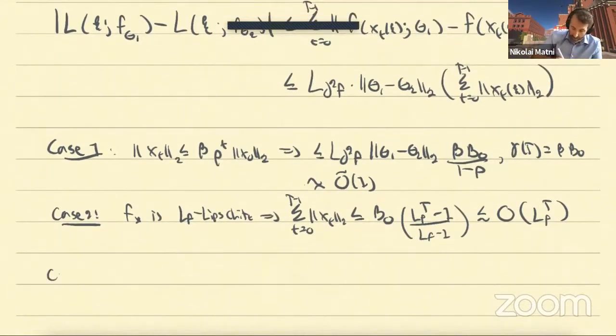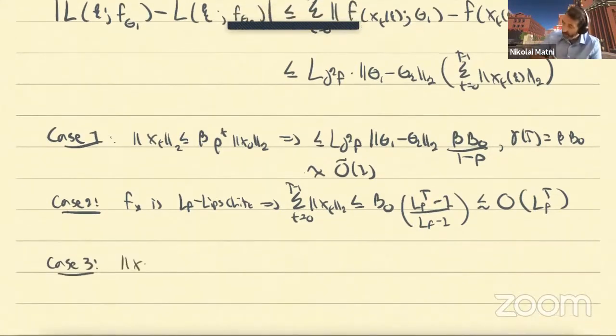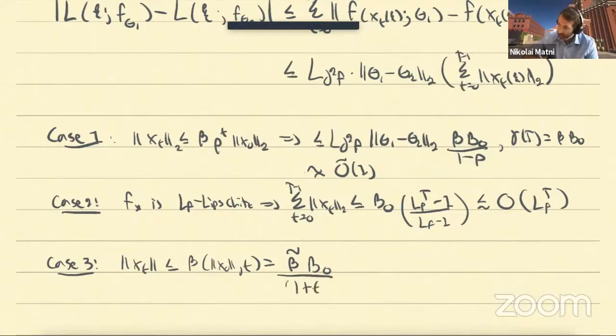And then case 3, we have to split these things up, right? Where I had xt is less than or equal to beta x0 of t, and we gave this a specific form, which we can bound by b0 over 1 plus t to the a.